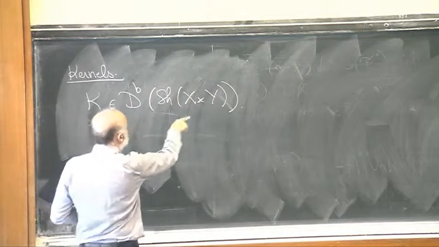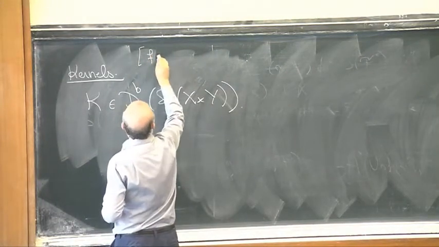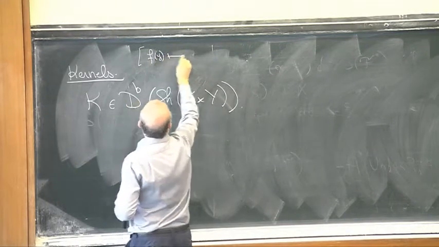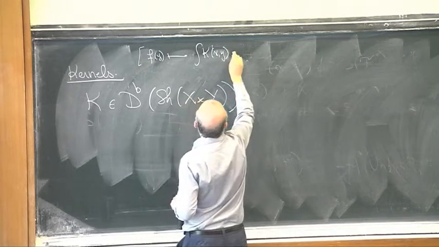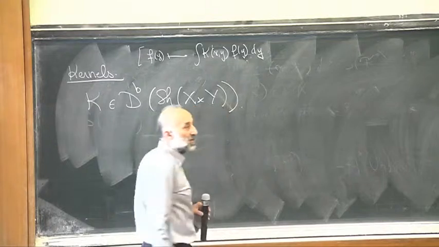So here what you should think of, I mean, it's just formally related, is the idea that if you have a function f over y, you can associate this function here.